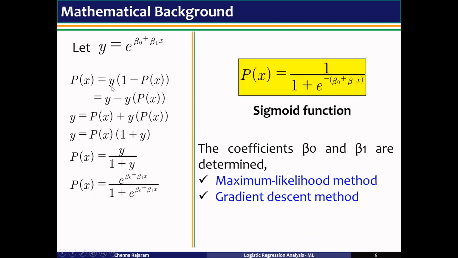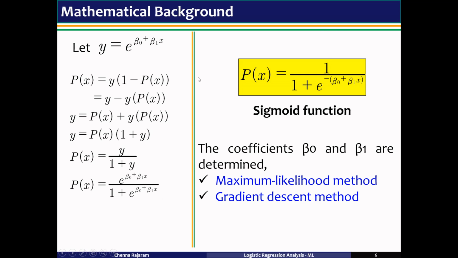P of x is equal to y into 1 minus P of x. After simplification, we obtain P of x is equal to e to the power of (beta naught plus beta 1 x) divided by 1 plus e to the power of (beta naught plus beta 1 x). On further simplification, the equation is P of x is equal to 1 divided by 1 plus e to the power of minus (beta naught plus beta 1 x).